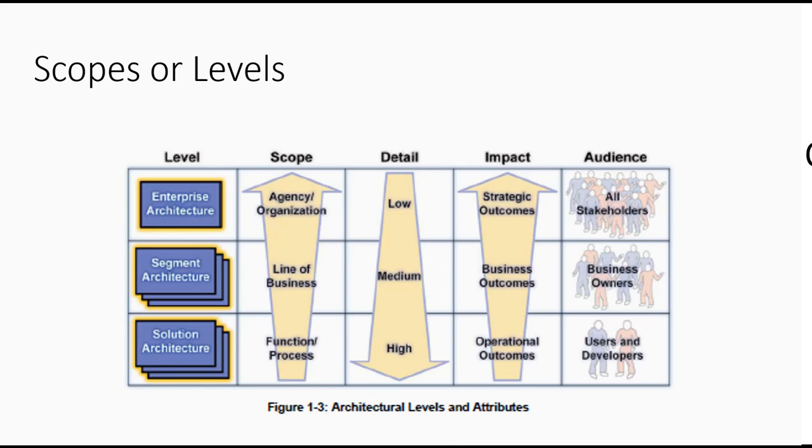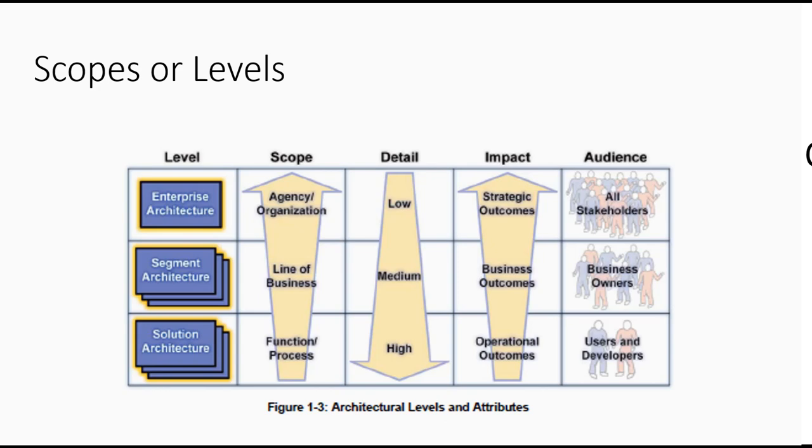So many of us change the name of enterprise architecture on this kind of drawing and call it executive architecture. Then we can say that the enterprise architecture consists of the executive architecture, the segment architecture, and the solution architecture. We call it executive architecture because it has a low level of detail and covers the entire organization. It's the most strategic and has the most impact.